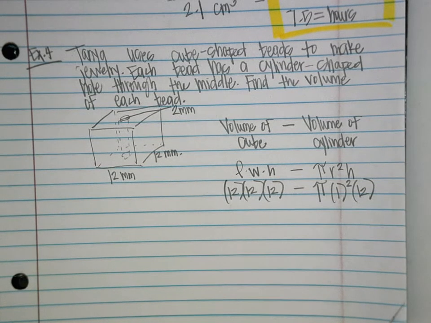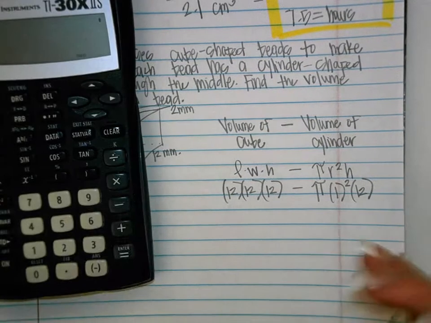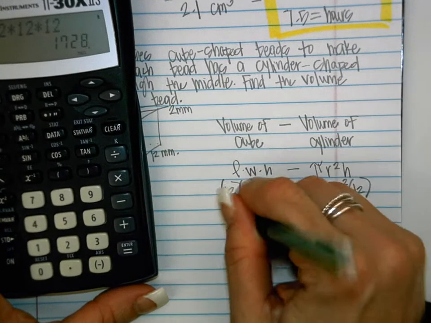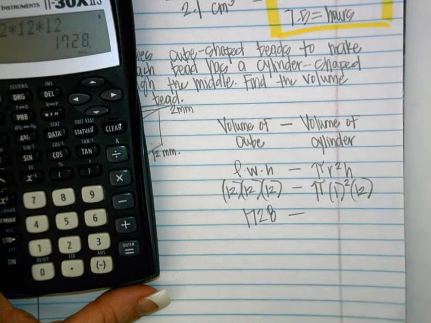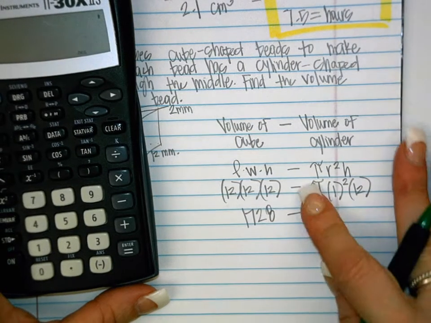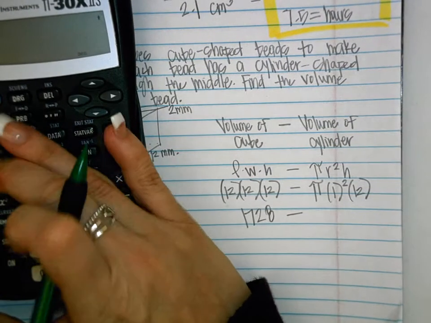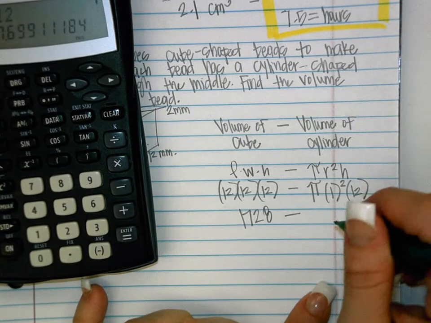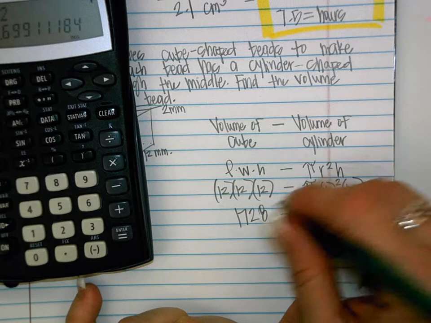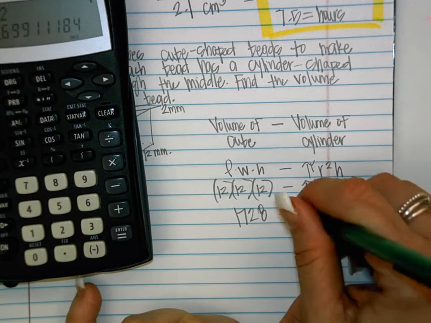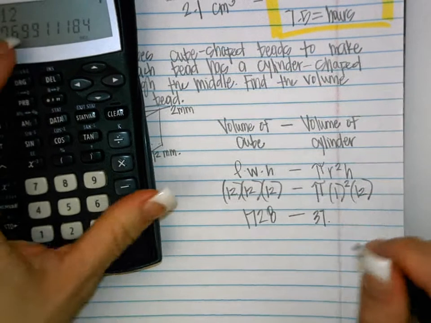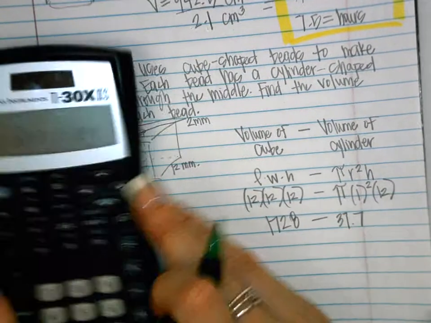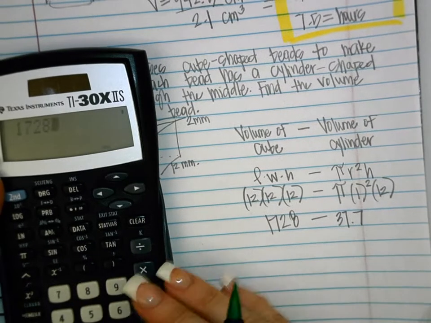You will be okay. You can use the calculator. So if you did 12 cubed, 12 times 12 times 12, you get 1728. Minus pi times 1 squared, which is 1, times 12, is equal to 37.7, rounded to the nearest tenth. So you do 1728 minus 37.7.